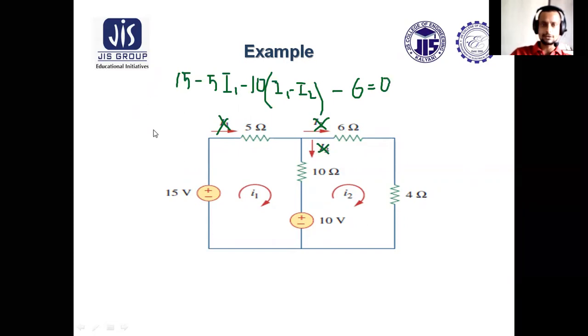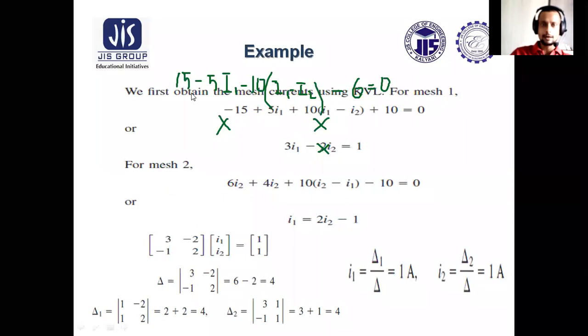Now let us check this equation for loop 1. See, here we have written plus 15 minus 5I1 minus 10 times I1 minus I2 minus 6 equals to 0.